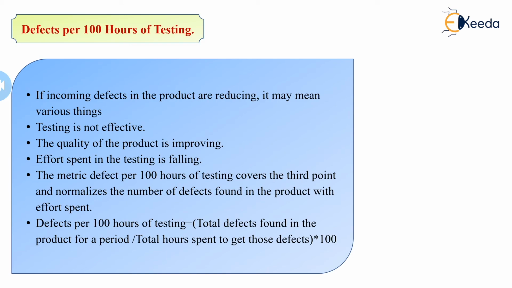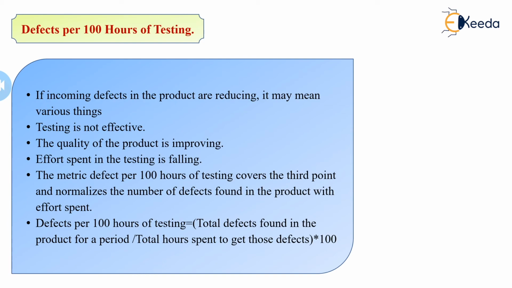This is quite difficult. If incoming defects are increasing, if they are being discovered or uncovered, it may mean various things, like testing was not effective. If there are many defects per 100 hours of testing, that means the testing was not done properly, or the methodology used for testing was wrong, and so on. The effort spent in testing keeps falling.